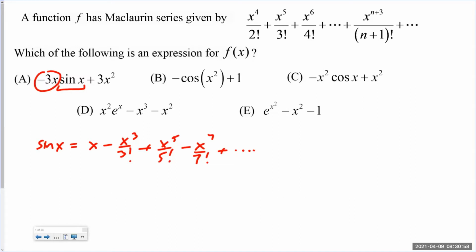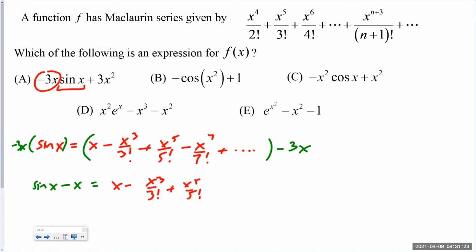Guys, when you multiply, you actually have to multiply the whole thing by negative 3x. But when you add, this is kind of strange. If I said sine x minus x, when you subtract, all you have to do is subtract once.